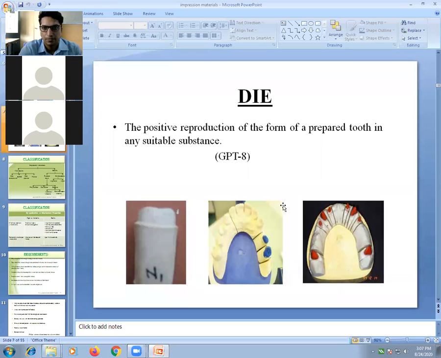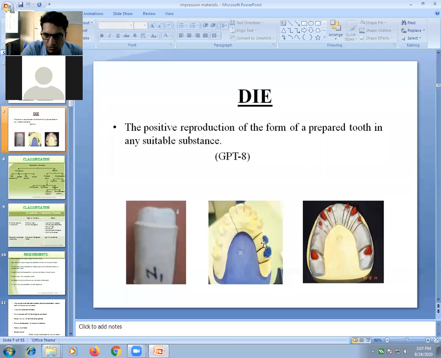Then die. Die is the positive reproduction of a form of a prepared tooth in any suitable substance. See, this is the cast, the dentulous cast, and this one, I can remove it.